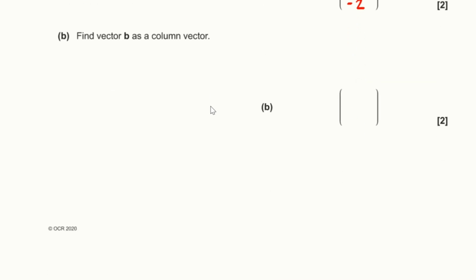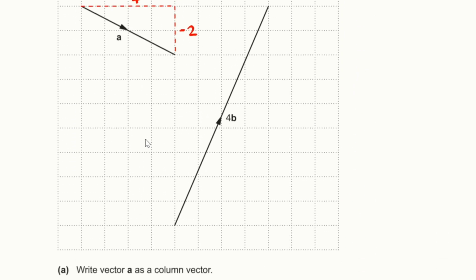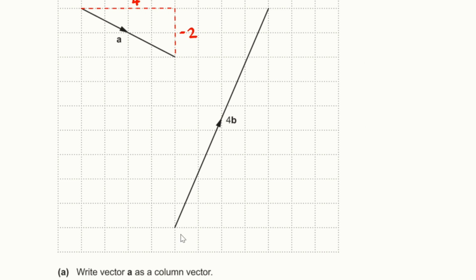For part B, we have to find vector B as a column vector. Well, we know what 4B is. The vector 4B is equal to, if I go back here, we go 4 across and 9 up.